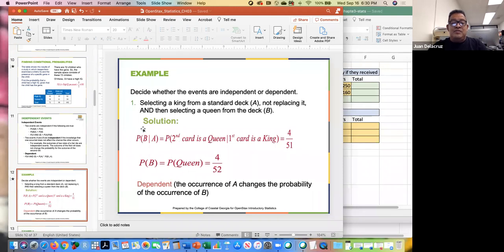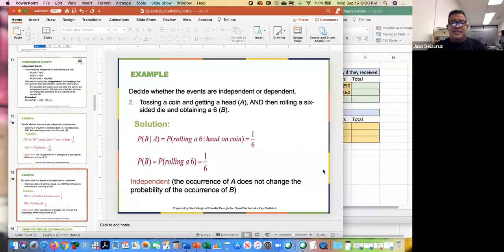But the probability of B given that A has already occurred, and assuming that the card has not been replaced, is now 4/51, because we already withdrew a card, and that card happened to be a king. So now the probability of a queen is changing. We still have 4 queens in the cards, but now we have only 51 in the deck.